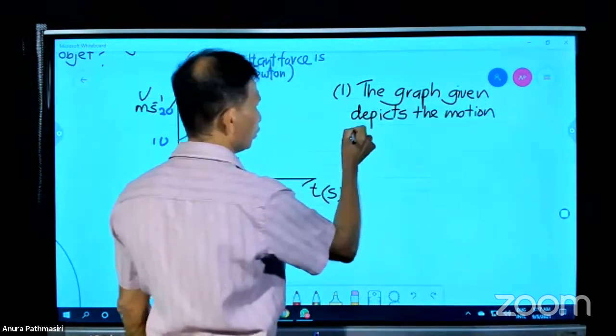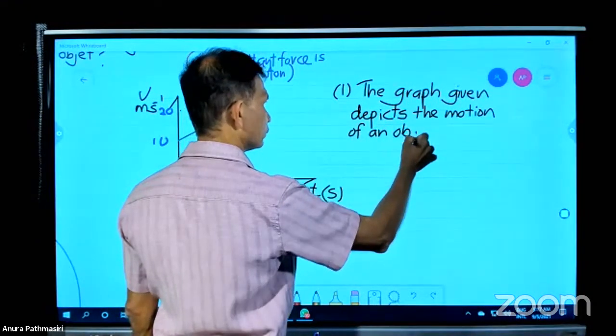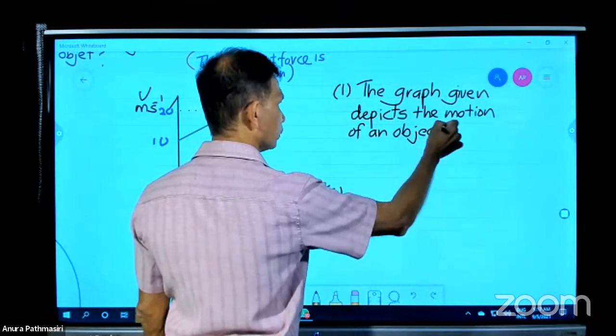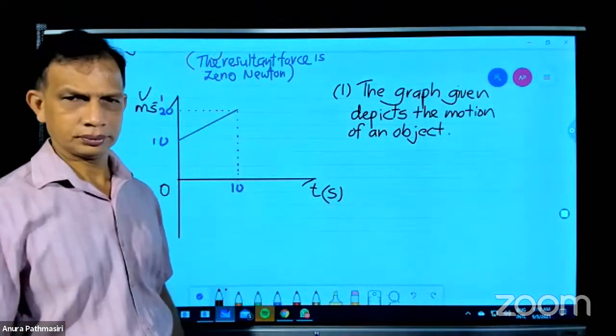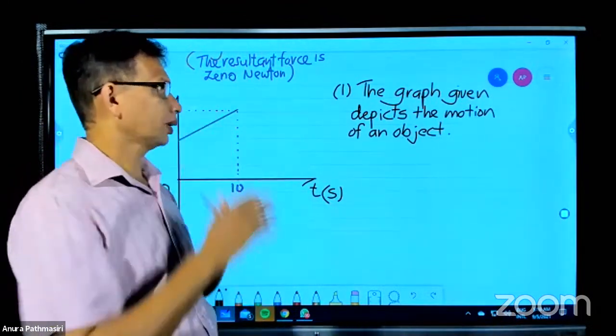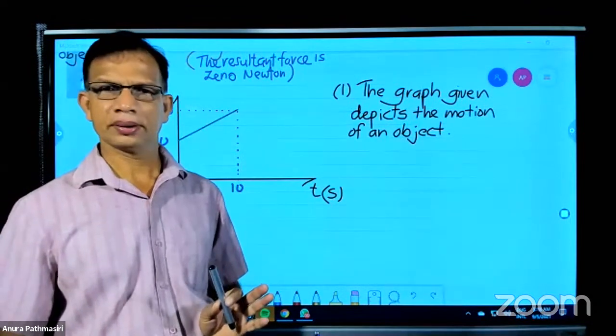The graph given depicts the motion of an object.